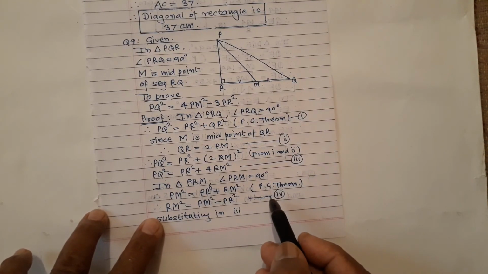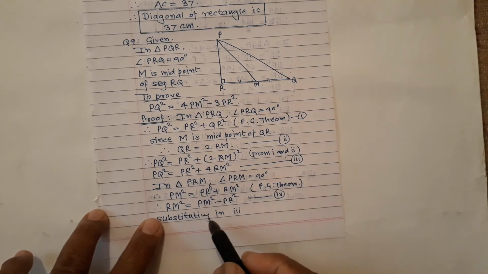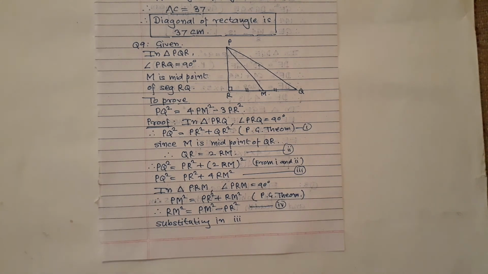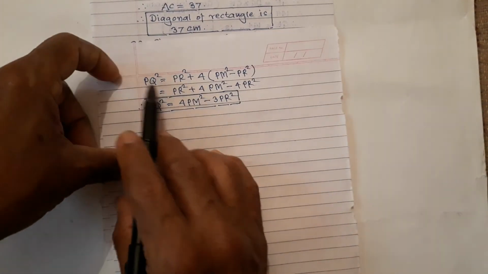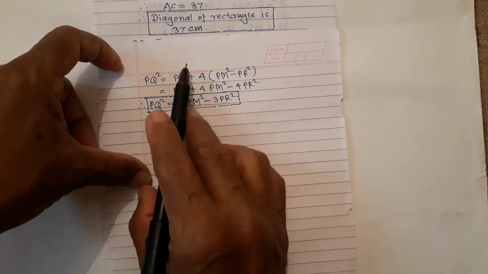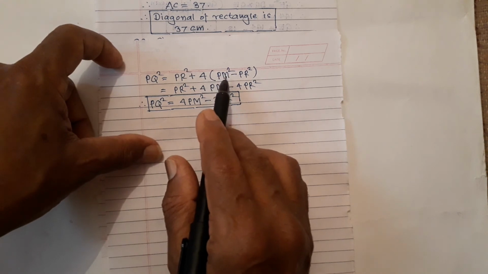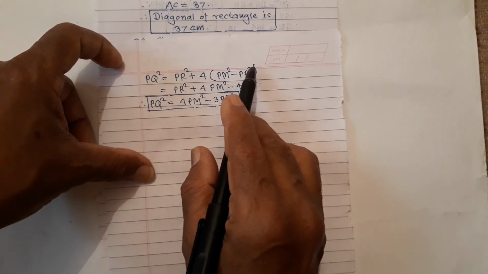And this I substitute here, substituting in 2. PQ square is equal to PR square plus 4 into bracket PM square minus PR square.